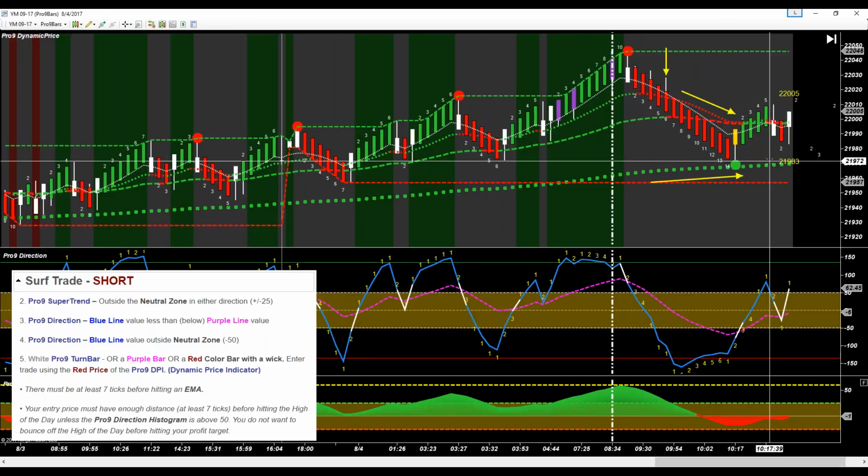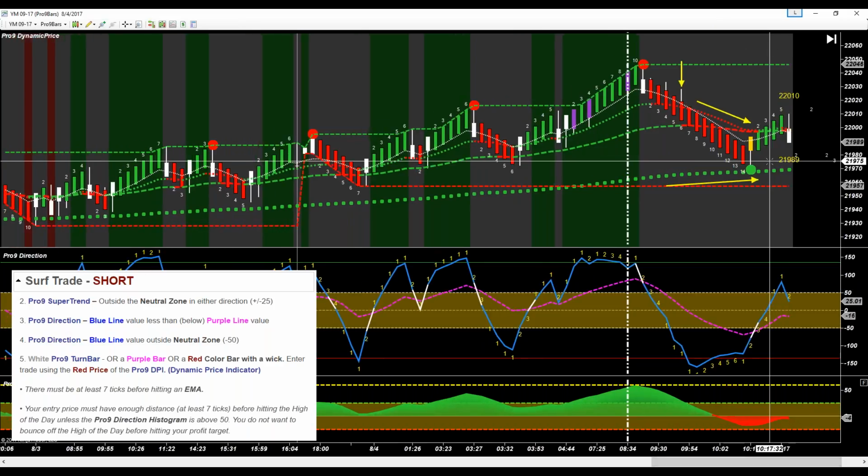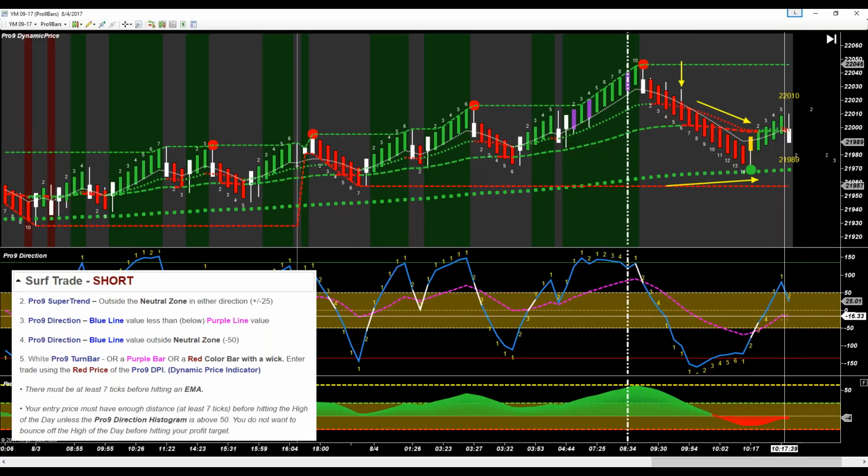And here is where I can confirm chop. Even right here, you can be pretty sure that we're heading into chop. I've got some EMAs here roped on top of each other. Purple line hovering around in the middle here. It's not super close to the zero line, but it's not really far enough away that we have a really strong established trend.